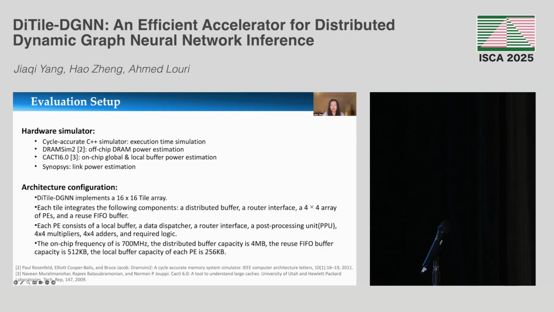The PE consists of a local buffer, a data dispatcher, a post-processing unit, a 4x4 multiplier array, a 4x4 adder array, and associated control logic. As for the system parameters, the on-chip frequency is set at 700 MHz. The distributed buffer is 4 megabits per tile. The reuse FIFO buffer is 512 gigabits, and each PE local buffer is 256 gigabits.